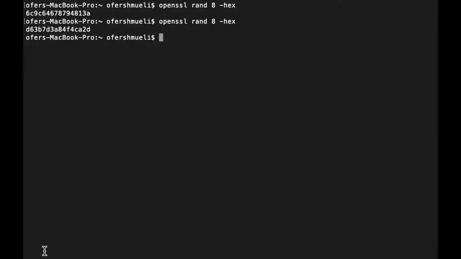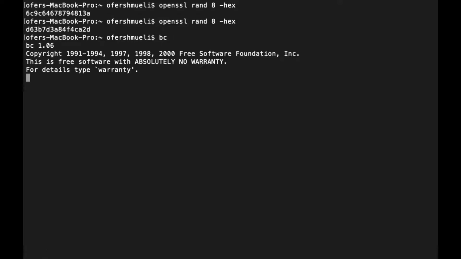So I'll use a shorthand app, which is bc, and 2 to the power of 64, and that is the key value. It is zillions of possible values, which will take hackers quite an amount of time to brute force the key.